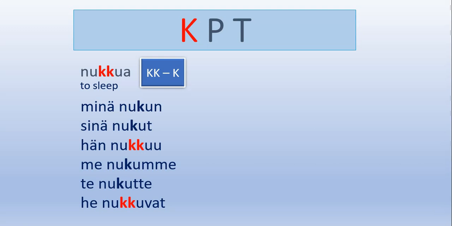Here you can see that the strong form in verb type 1 is always in the infinitive and in the third person singular and in the third person plural. So this is the strong form, and it's called strong because it has more K than the weak forms. Let's move on.